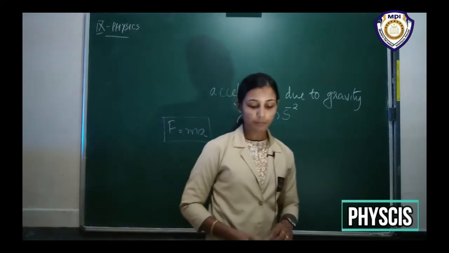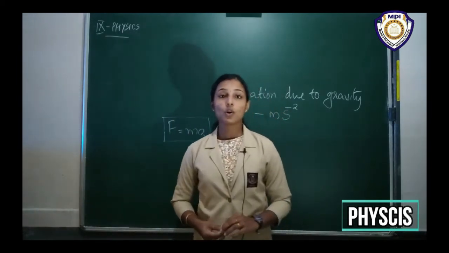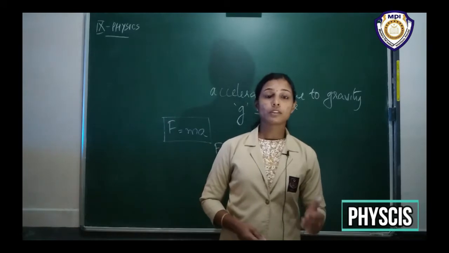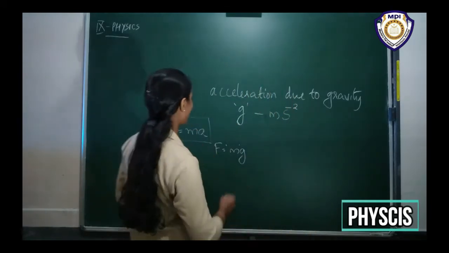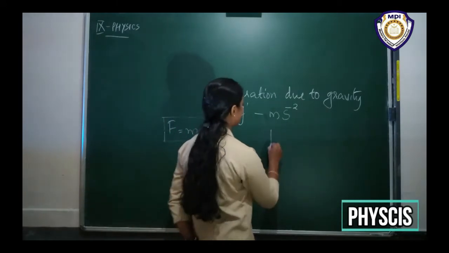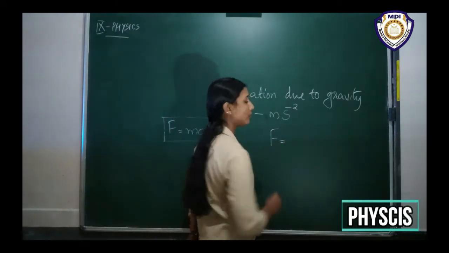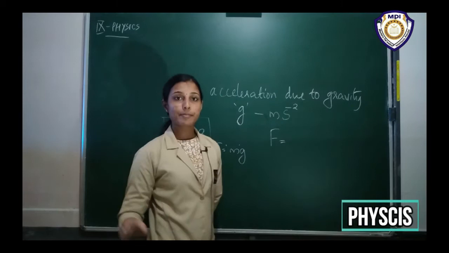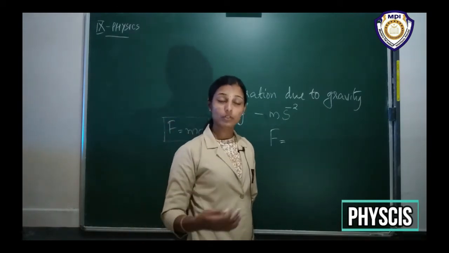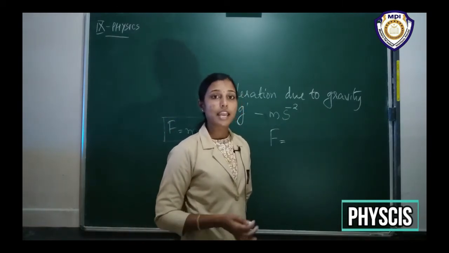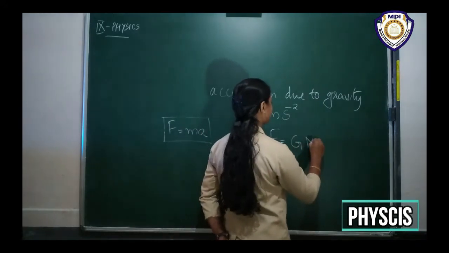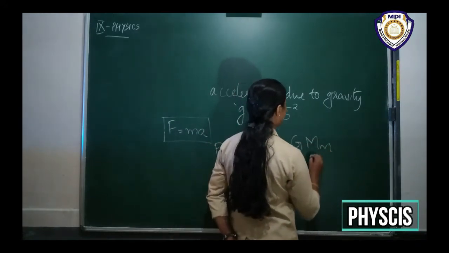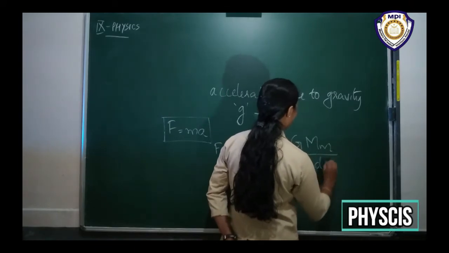And we know from the universal law of gravitation, we have F is equal to what? What is the equation given by the universal law of gravitation? F is equal to G M m divided by d square, right?